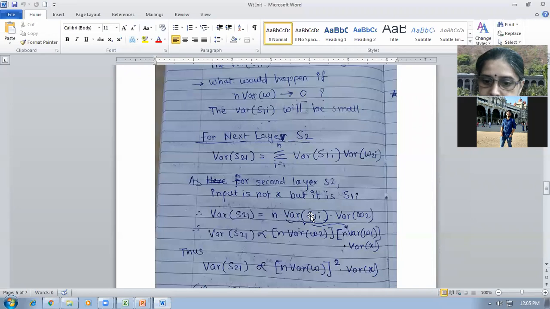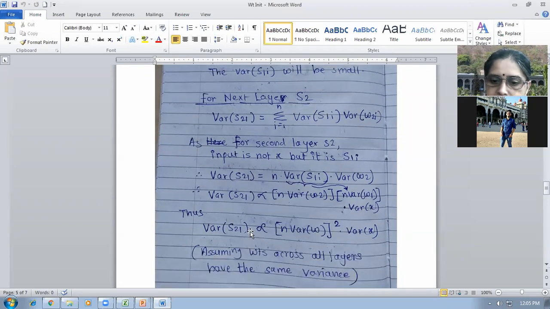Now variance S1 is nothing but n into variance W into variance x. So here variance of S21 is directly proportional to n into variance W square into variance X.